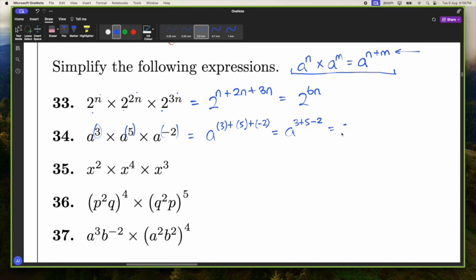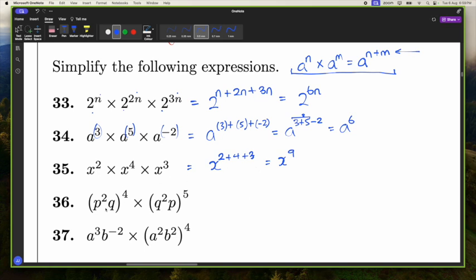And so that is a to the power of 3 and 5 is 8, minus 2 is 6. And I will just do this one. This is x to the power of 2 plus 4 plus 3. So x to the power of 4, 5, 6. 6 and 3 is x to the power of 9. So you see, you add the indices here.